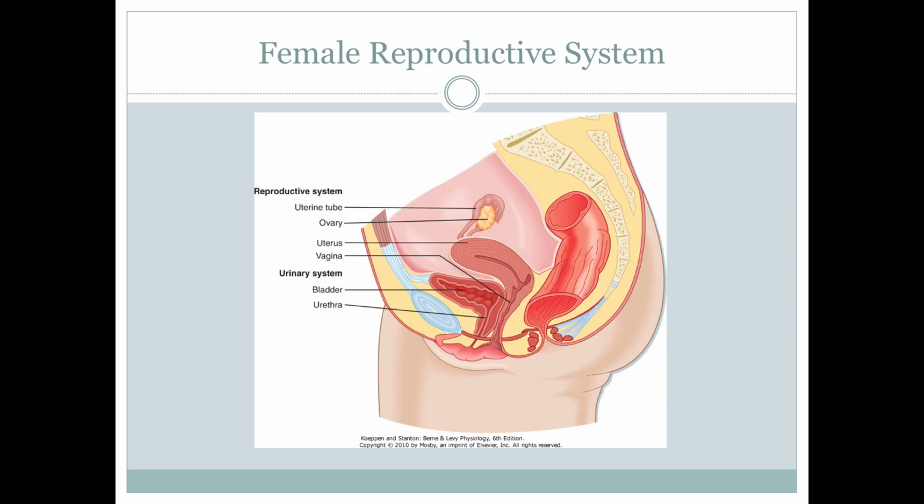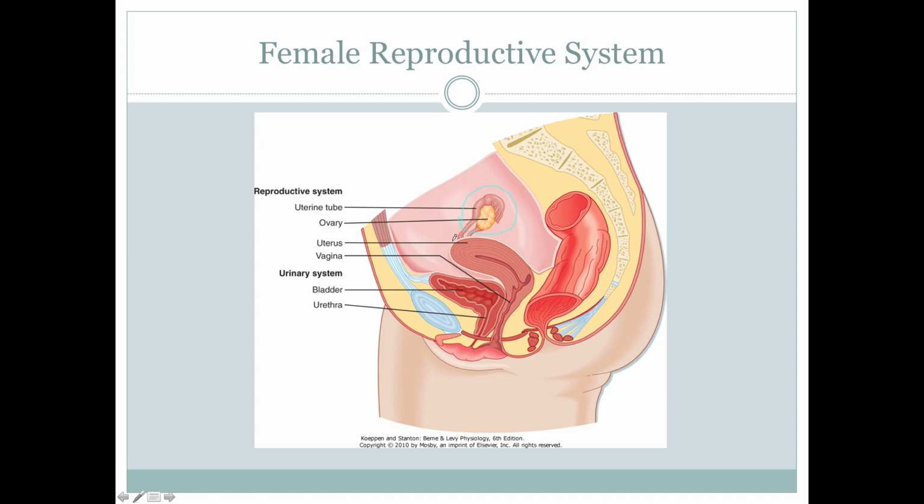So we'll start out with just our sagittal section here, where we start just looking at the accessory and then the main organs of female reproduction. So again, if we think about this as purely physiological for the creation of an egg, that is going to happen within the ovary.